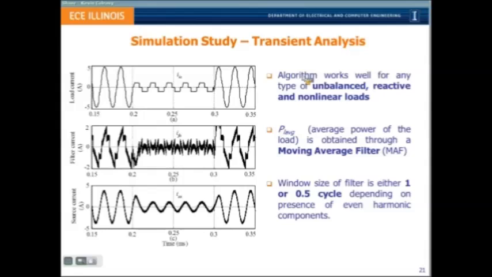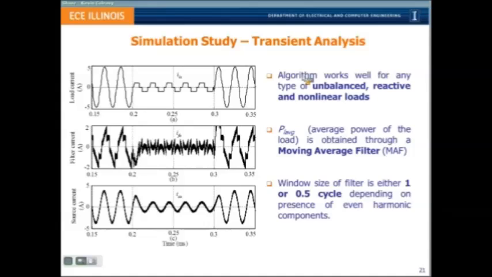So let's do it for the transient case to see if the theory works even in the transient condition. Here we've just turned on the linear loads and just preserved the nonlinear loads here. And the compensation is also instantaneous, and the source currents still remain balanced and sinusoidal with UPF relationship. So it works for any load. This fast response was made possible because of the moving average filter.